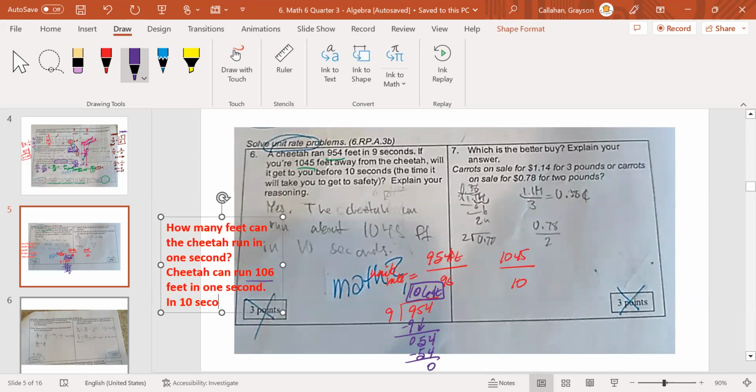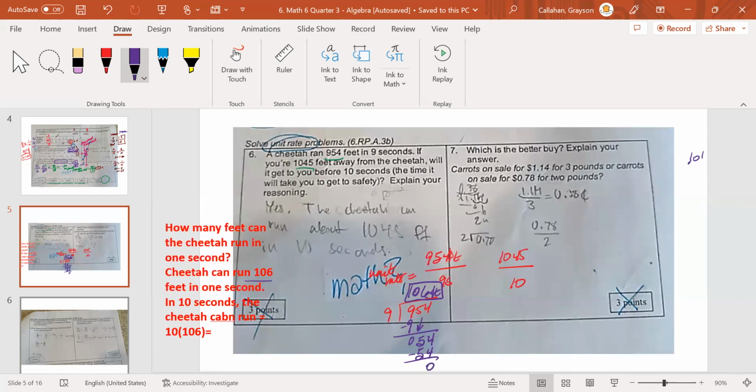In 10 seconds, the cheetah, and the way that you do this is you do 10 times 106, right? Which is going to equal 1,060.